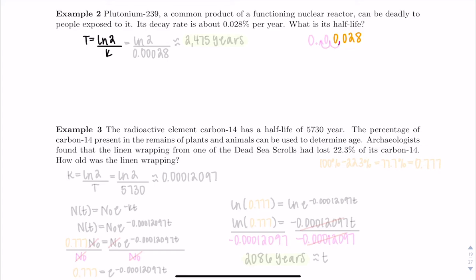So we're just going to move this 2 spots to the left and then plug it in. So we have ln(2) over 0.00028, and that gives us approximately 2,475 years.